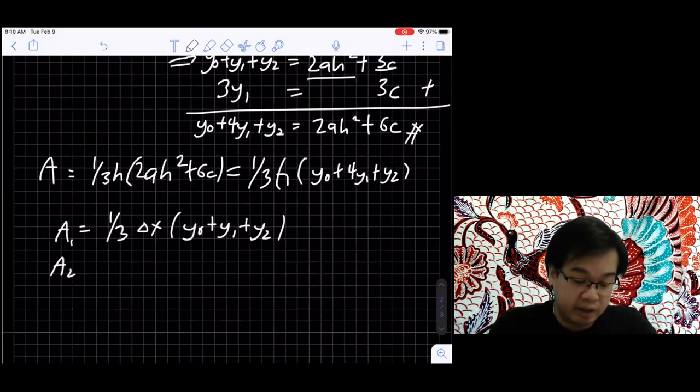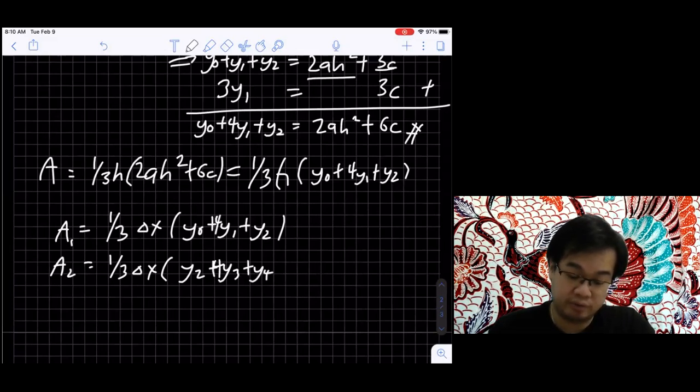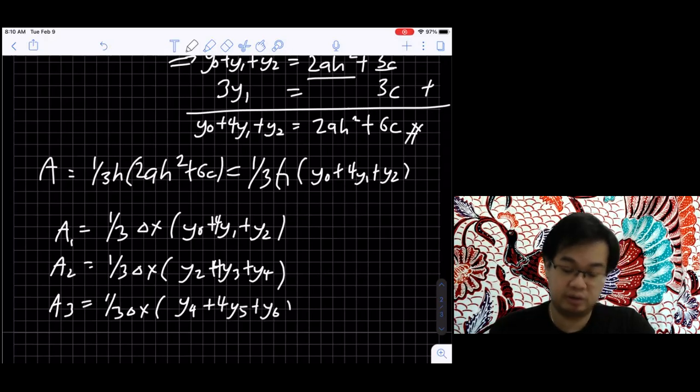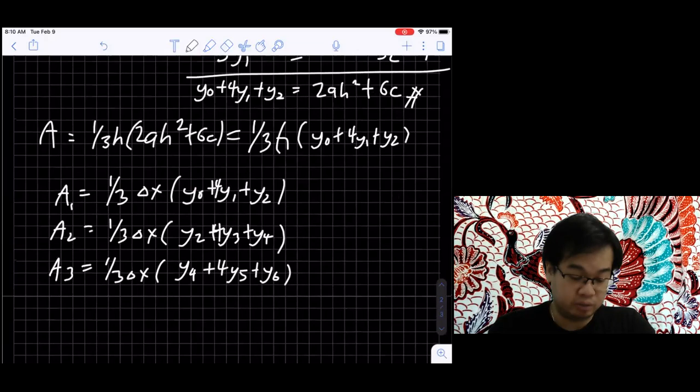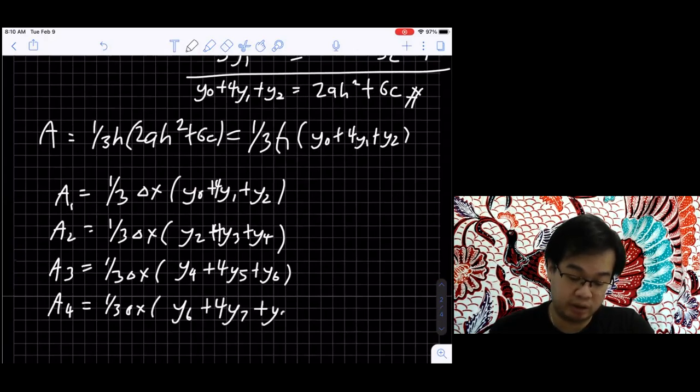And then the second area is 1 over 3 delta x, y2 plus 4y3 plus y4. And then the third, 1 over 3 delta x, y4 plus 4y5 plus y6. And then the last one, 1 over 3 delta x, y6 plus 4y7 plus y8.